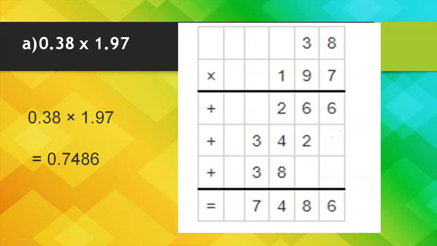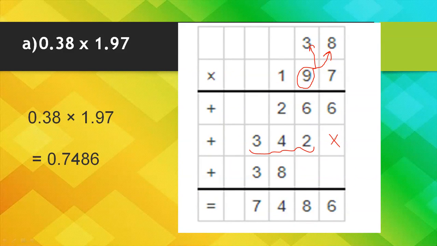Now, in step number 2, I'm holding this place. You know about it because you are moving towards the next number. 9 is going to multiply with all these numbers. What comes? I am writing here.